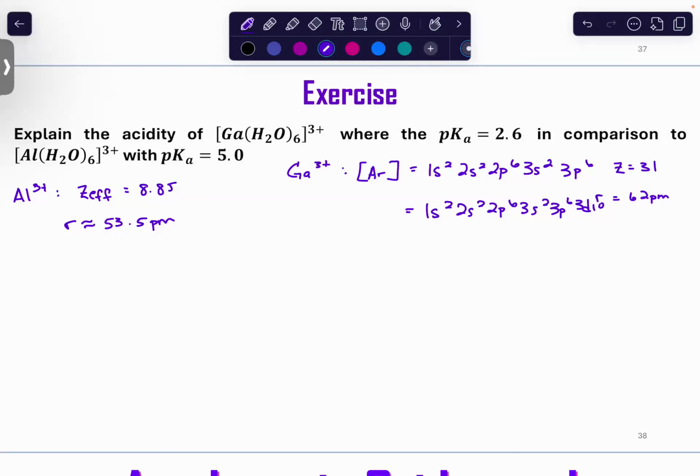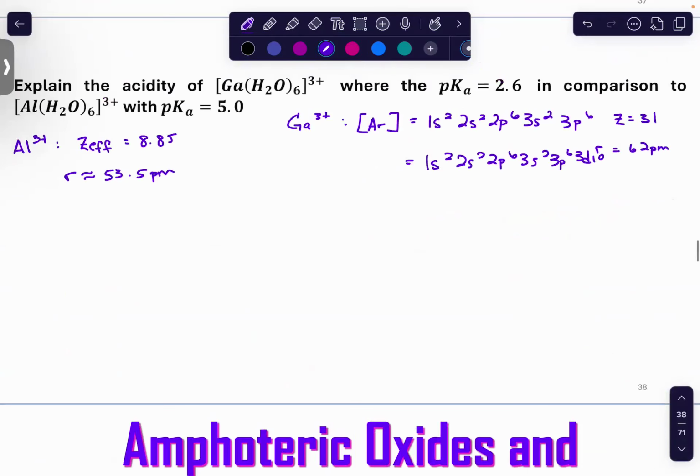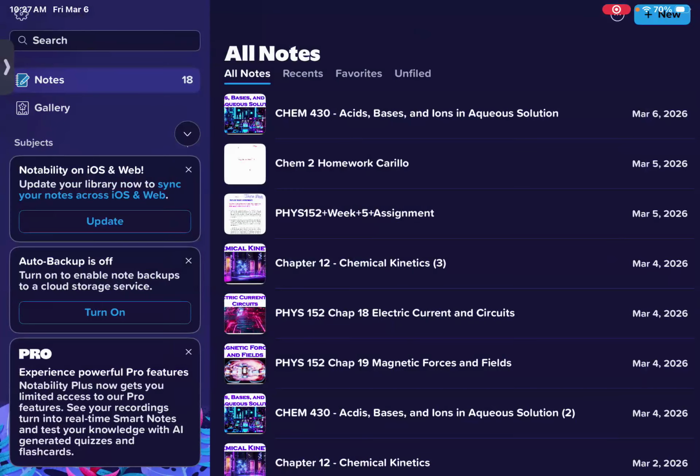Let's see. Okay, let's try to remember. So let's take one of those 3d10 electrons and calculate that. What was the number? Where do we calculate this?